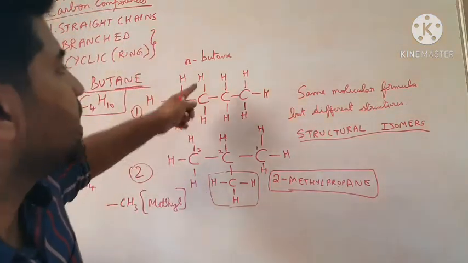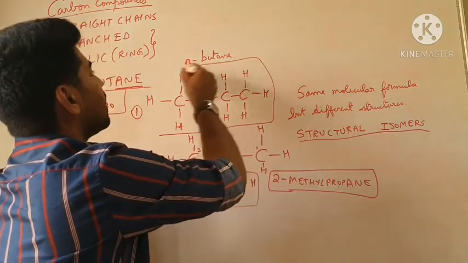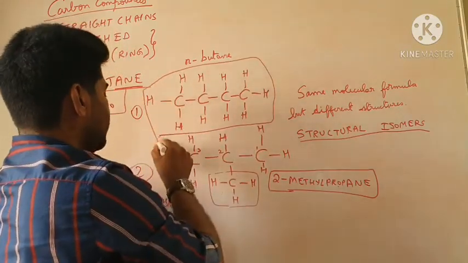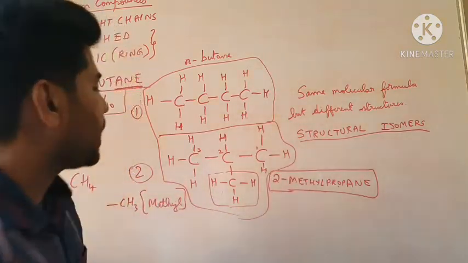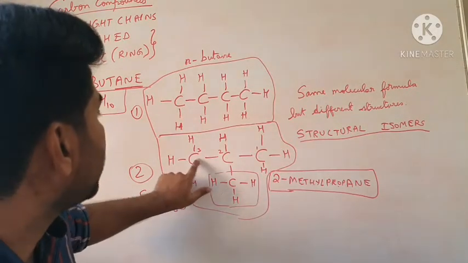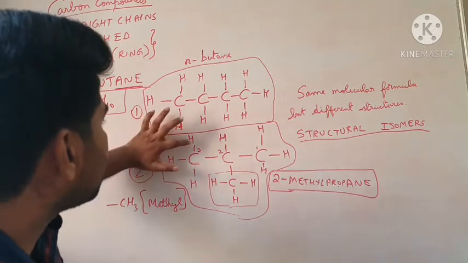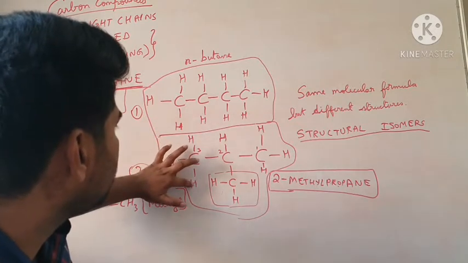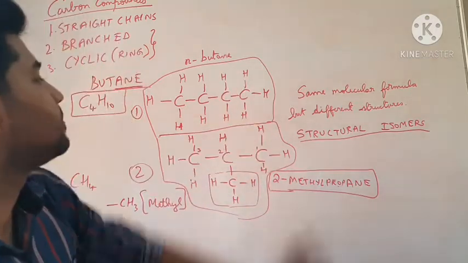And both these are structural isomers. They have the same molecular formula but different structural formulas. You can check whether they have the same molecular formula or not. 1, 2, 3, 4, 4 carbons, and hydrogens are 1, 2, 3, 4, 5, 6, 7, 8, 9, 10.